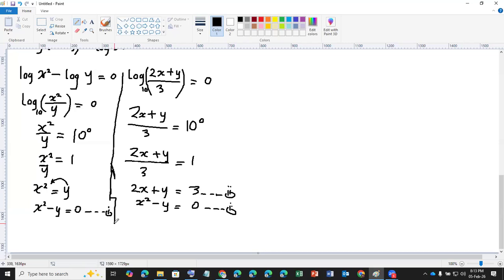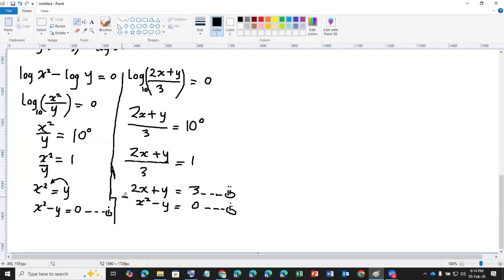So which one should we do? Plus or minus? Equation 1 to 2, yeah.